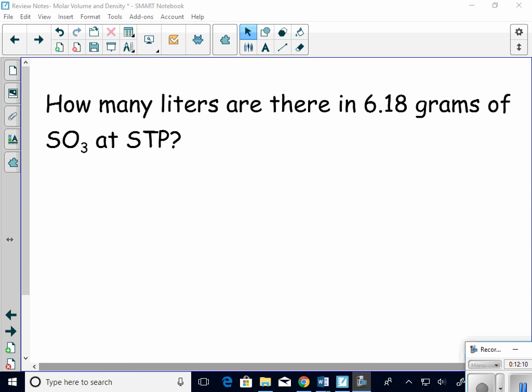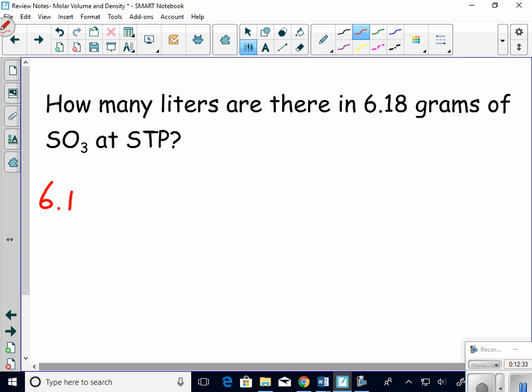Okay, I have grams now, right? Is there any way that I can go from grams to liters? Can I go from grams to liters? Not directly. I need to go through moles. So, as I do this part, I take the 6.18 grams of SO3, and I need to convert that to moles.